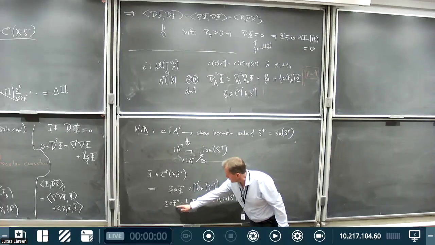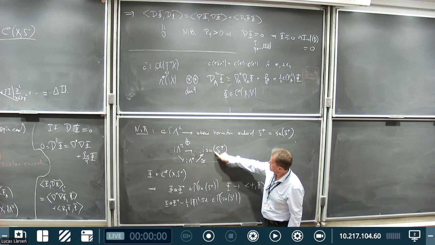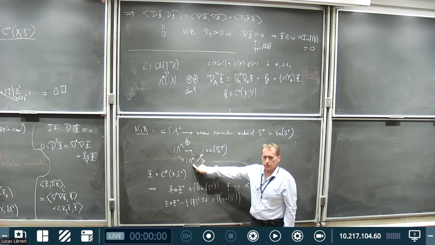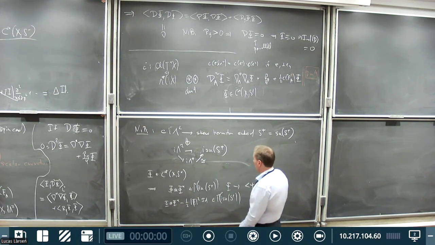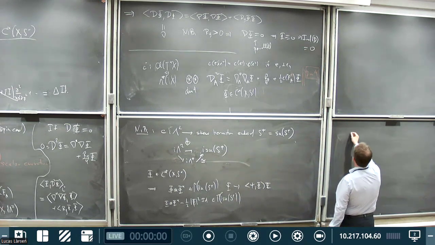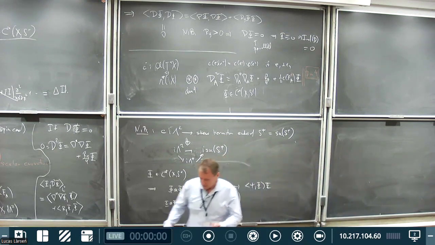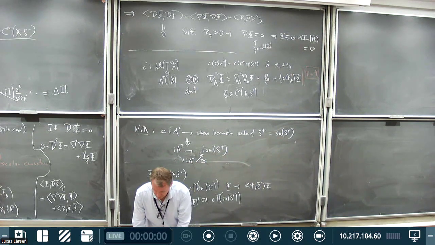So from the spinner, I got a traceless Hermitian endomorphism, but that's the same thing as this imaginary self-dual form. So I'm going to define in this way a map which is called sigma for today.